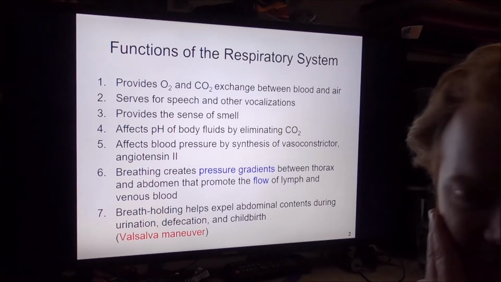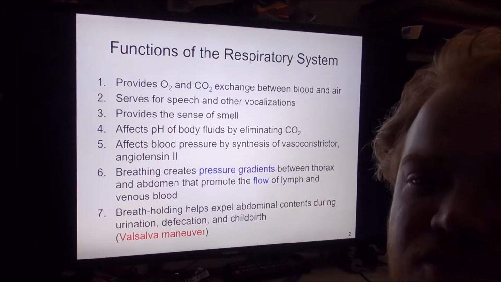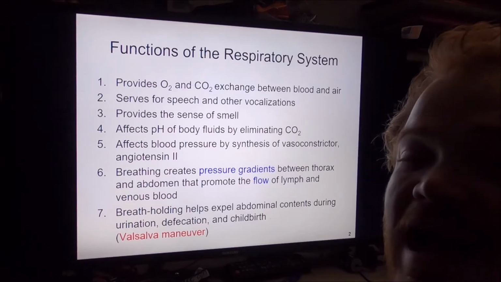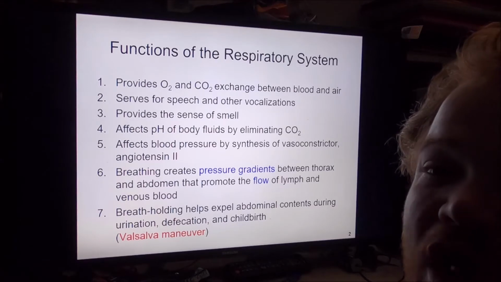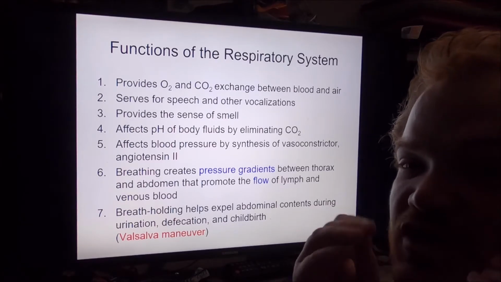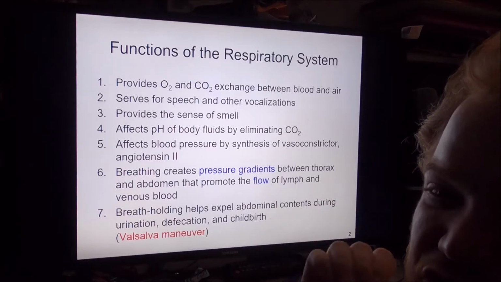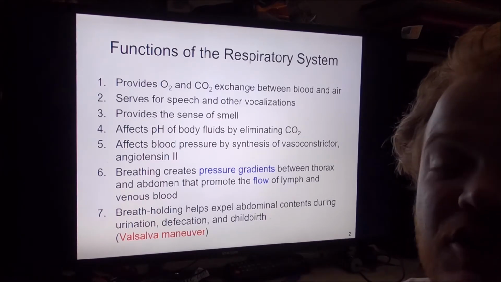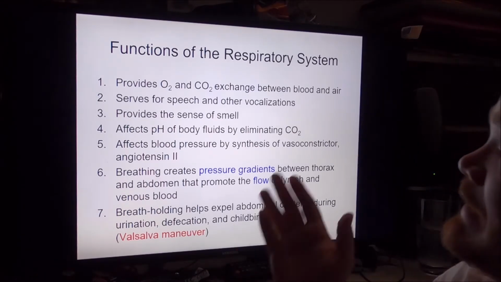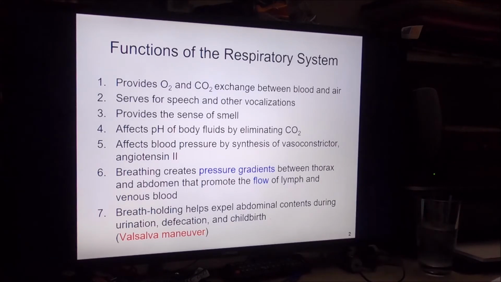Again, think about the concept here. I can speak to you without vibrating my vocal folds, and you can still hear my whispers just with my mouth making shapes. But alternatively, I can vibrate my vocal folds and you can hear me far better. So this is a role that is played by your respiratory system.